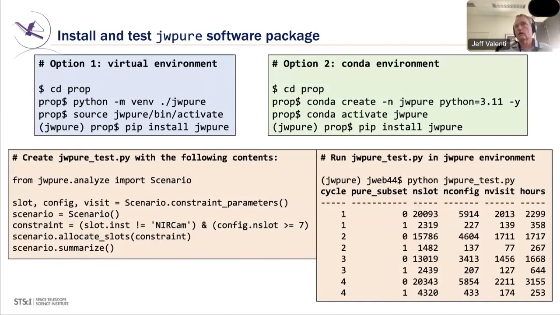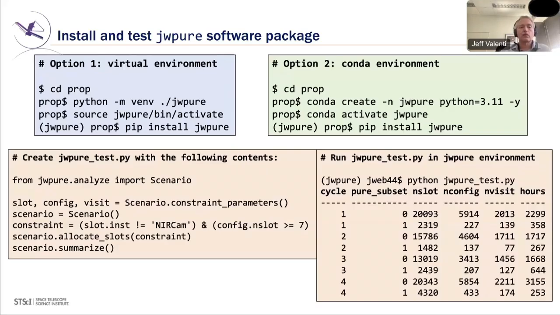If you would like to work along here, which I think would be great, you will need to install the JWPure software package. I'm going to talk through this a little slowly so people who want to do that can do it. It's just either the blue box or the green box, or if you have some other way you like to make environments, you can improvise.